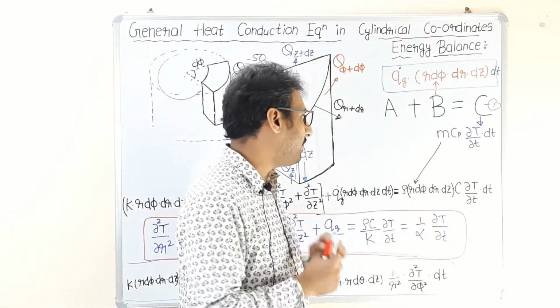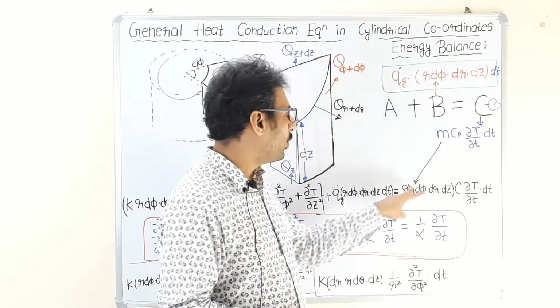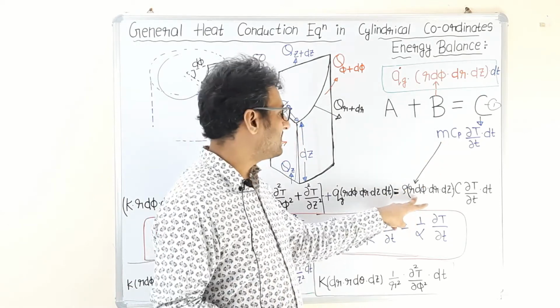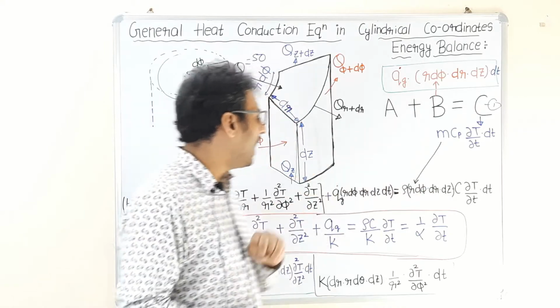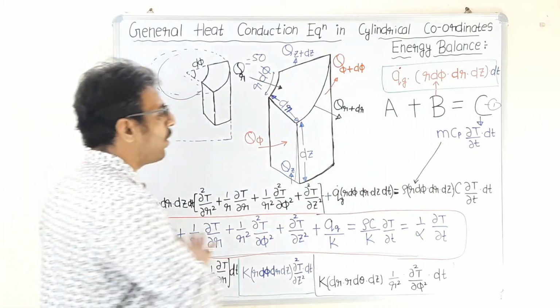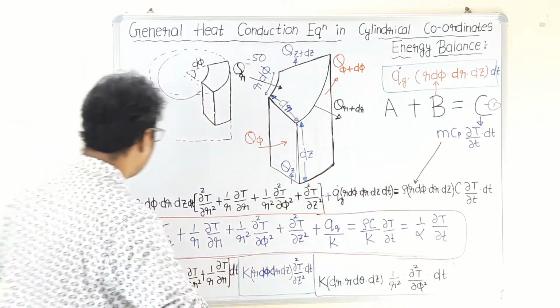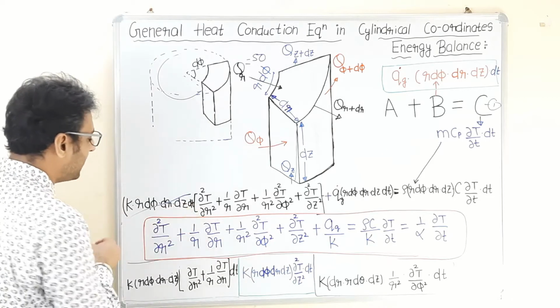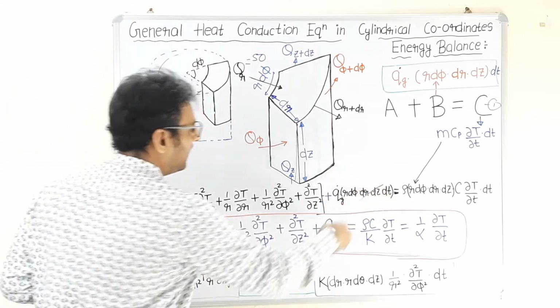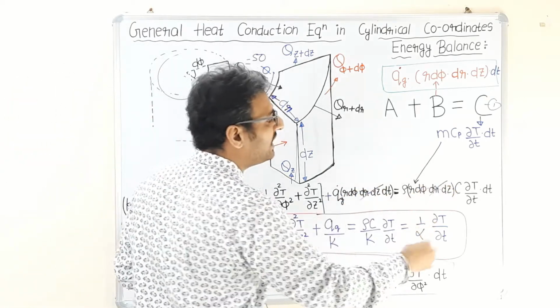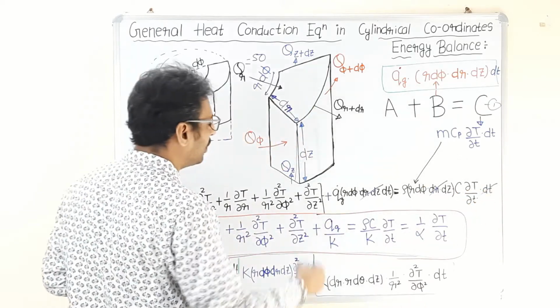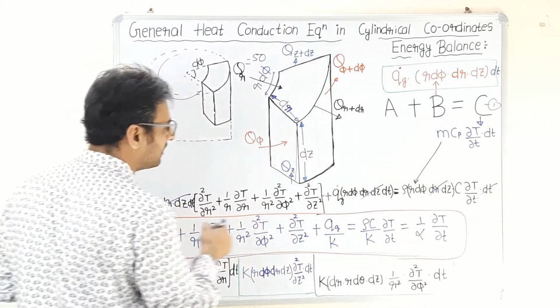And now I have replaced mass by ρ into volume. So this is the volume, as we already know. Now further, from this whole equation, the volume of the element is cancelled in every term, and also dt is present in all terms, so dt is also cancelled.